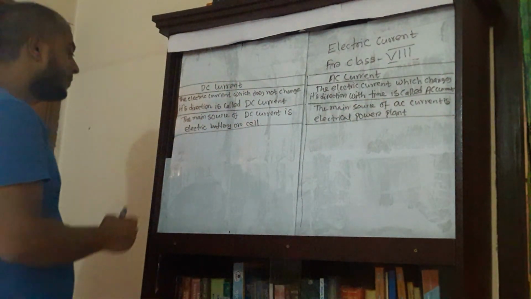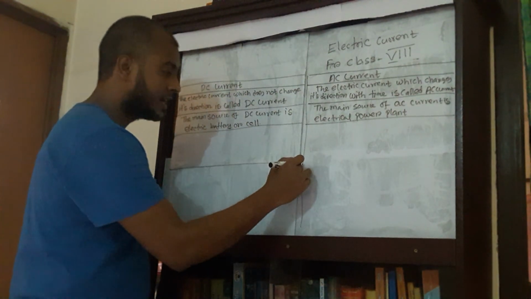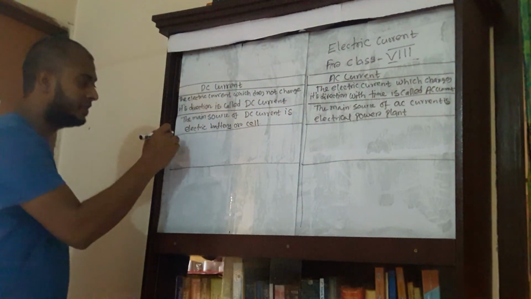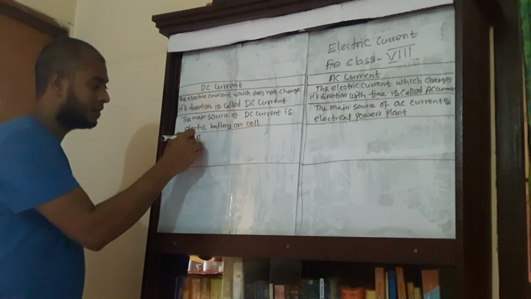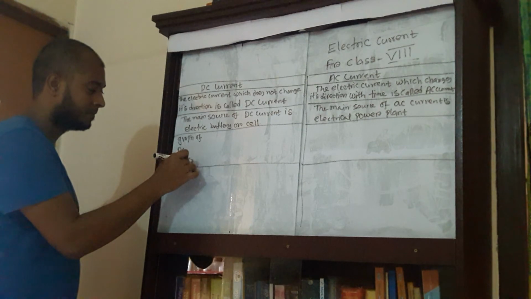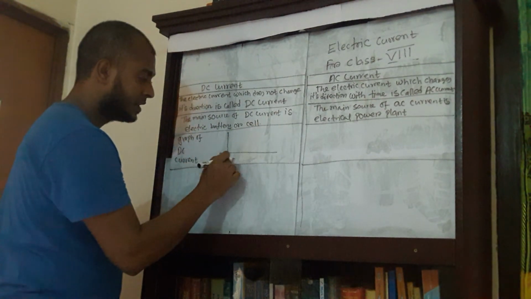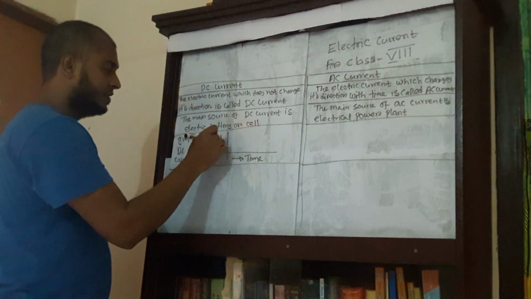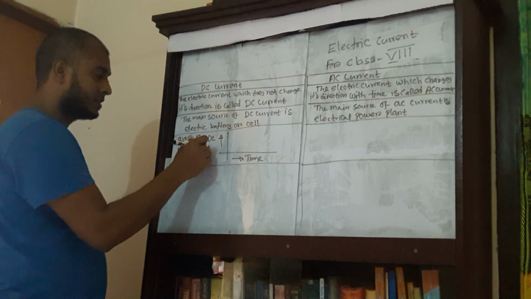In the next step, we are going to give a graph of AC current and DC current. So the graph of DC current: on this axis this is time, and on this axis this is DC current.